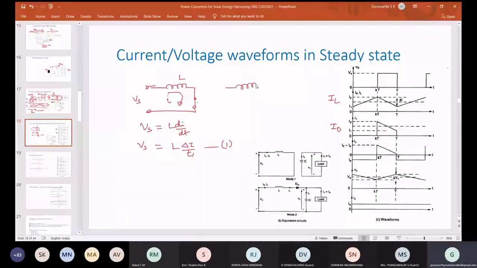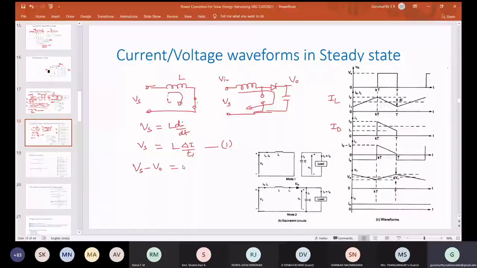There is a diode and a capacitor connected, and this is the output voltage, this is the input voltage Vs. If you apply Kirchhoff voltage law, the voltage drop across the inductor, Vs minus Vo, equals L into di by dt, where dt is T2 here.